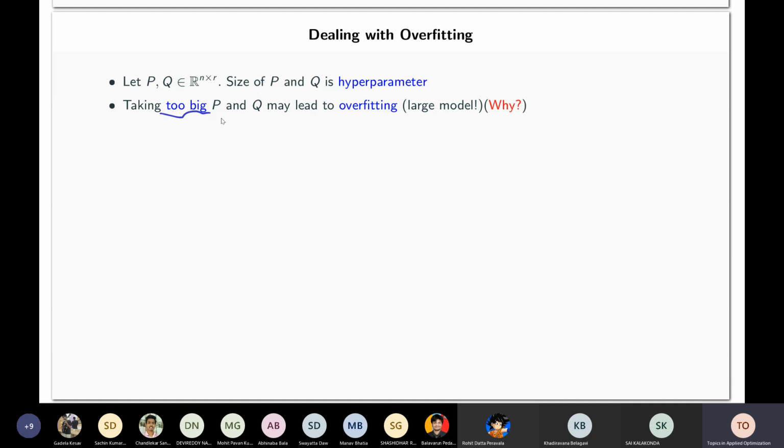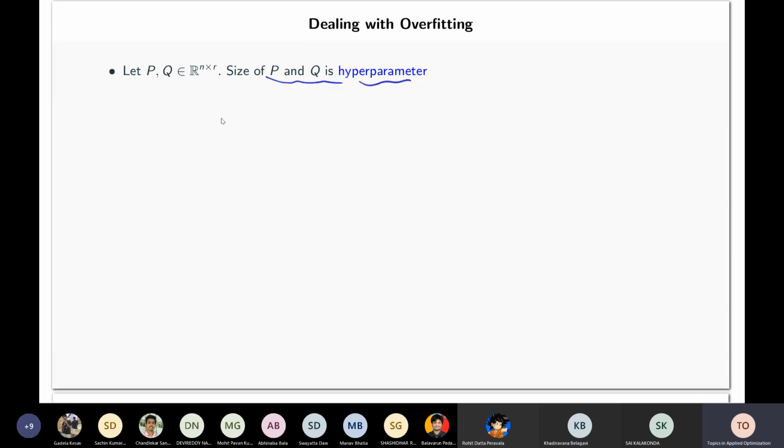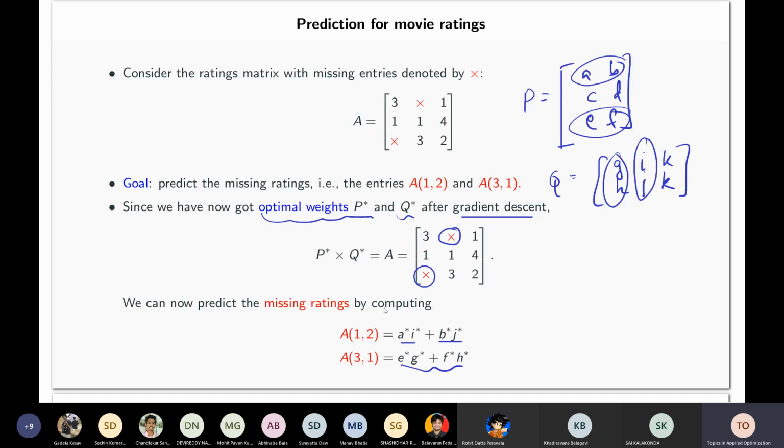Taking too big P and Q: let us say you may say, okay, I'm going to start with a very big P and Q, because then it will have a lot more freedom to actually predict. Because if by mistake I choose a small rank, let us say just one, and the matrix rank was 2, then certainly this is not going to be close to A, right? With that view in mind, you may say, okay, let me choose as big as possible. Let me choose 2.